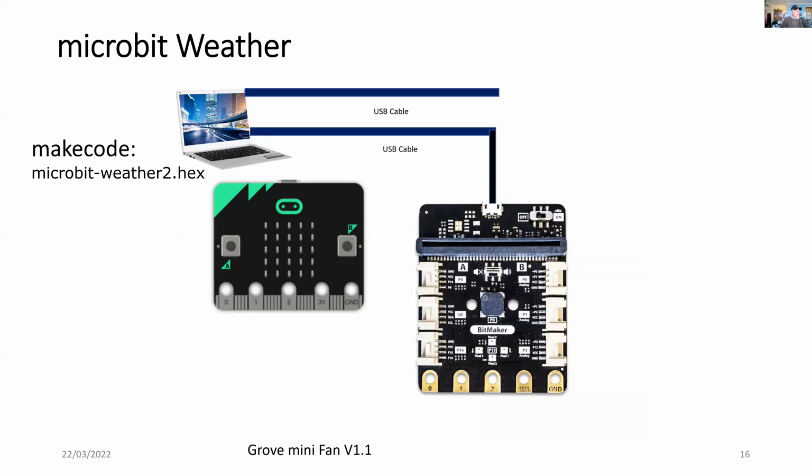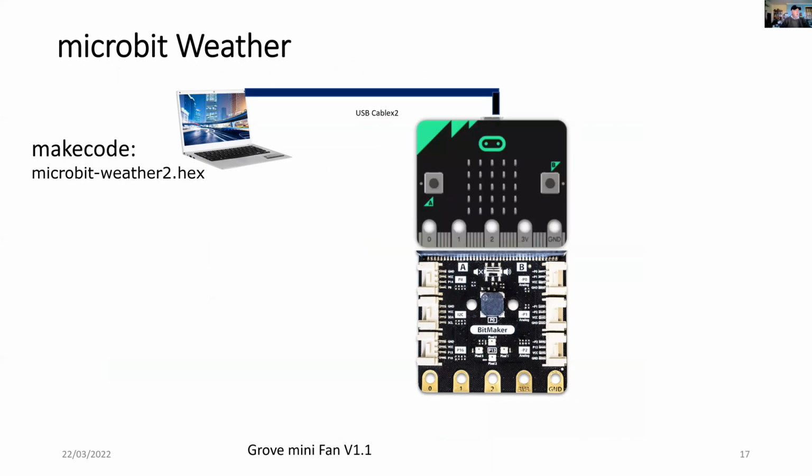Okay, so the way we do that, we can connect our second USB cable to microbit that's got a USB socket. And we've now got 2 cables. So for our first project, we need microbit and we need BitMaker.